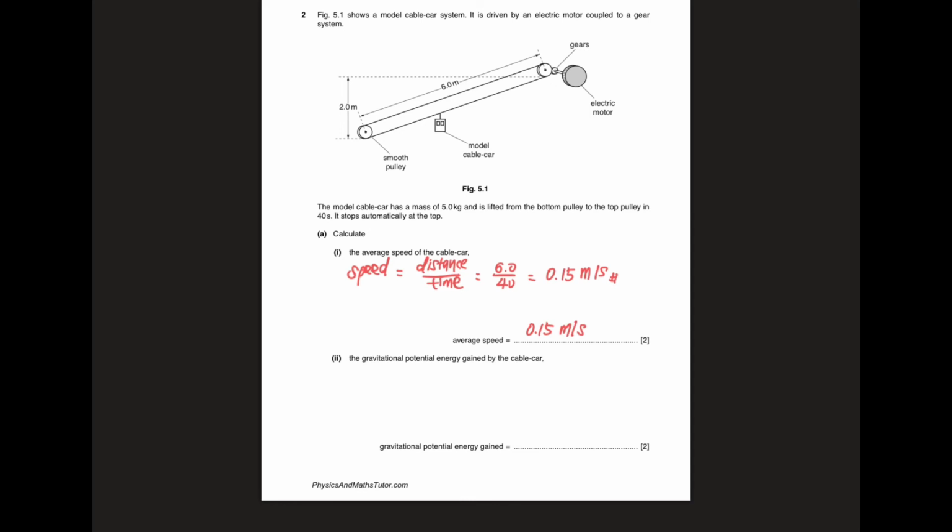Because GPE equals mgh, we must use the height. The m is 5, g is 10, height is 2, so you will get 100 joule.